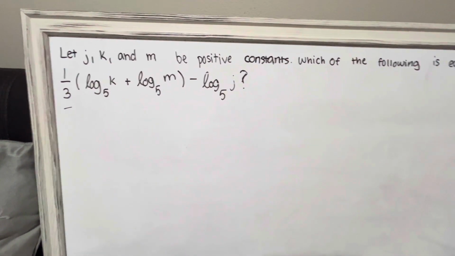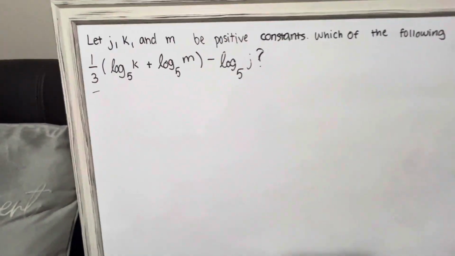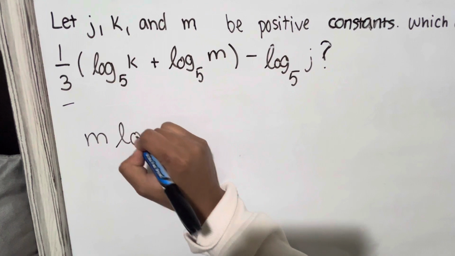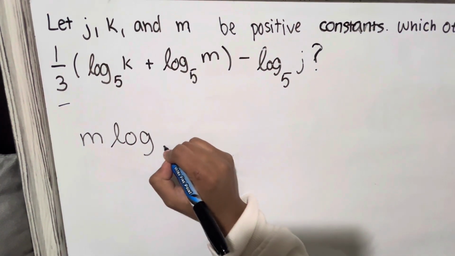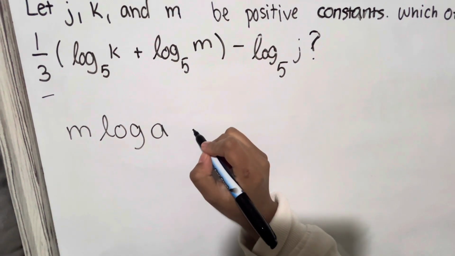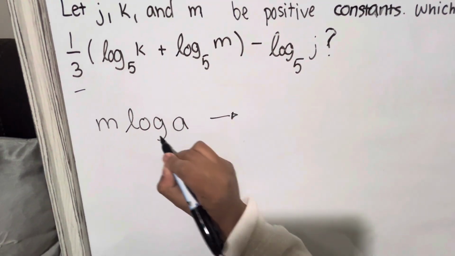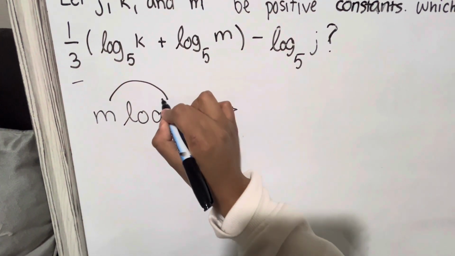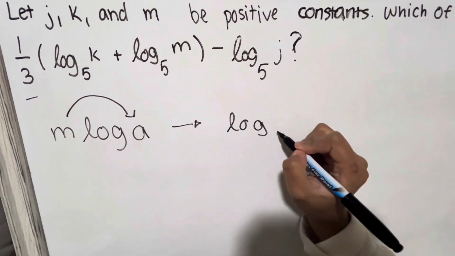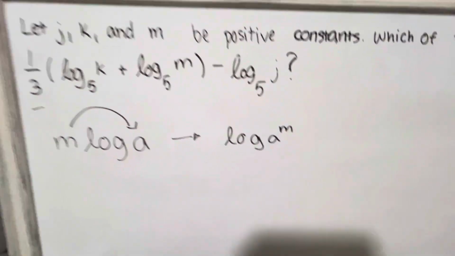Usually, one of the properties of logarithms when it comes to combining them comes in a formula like this: m log base a. When you have something like this, you have to move the m as a power to a, so it'd look like log a to the power of m.